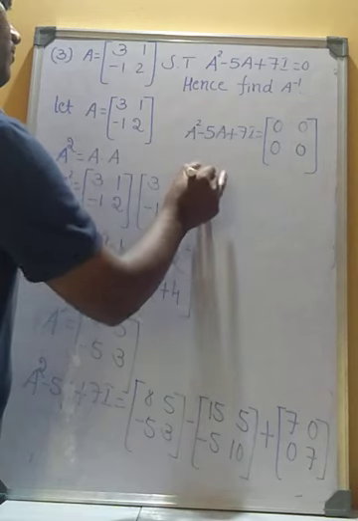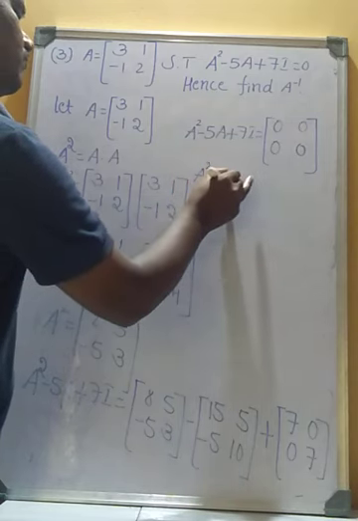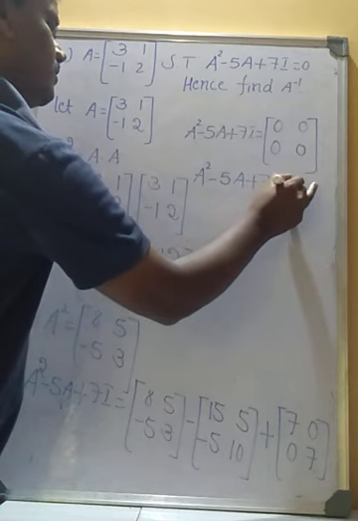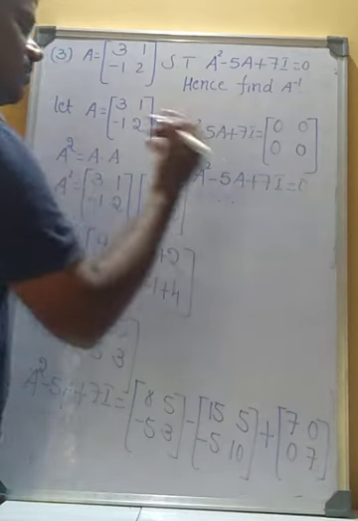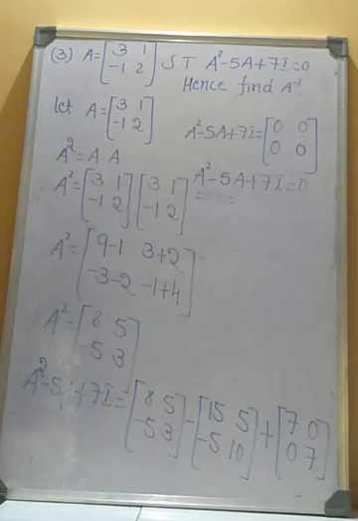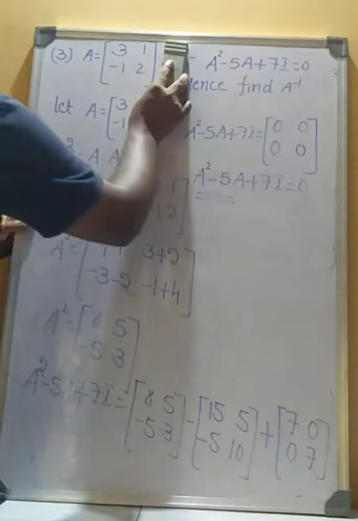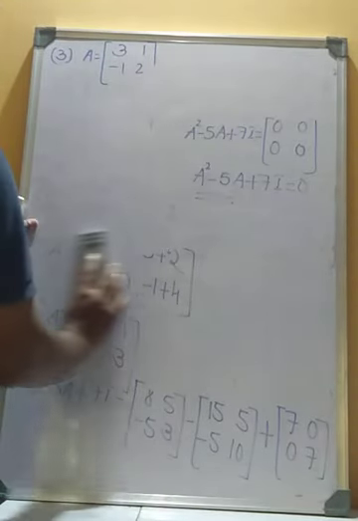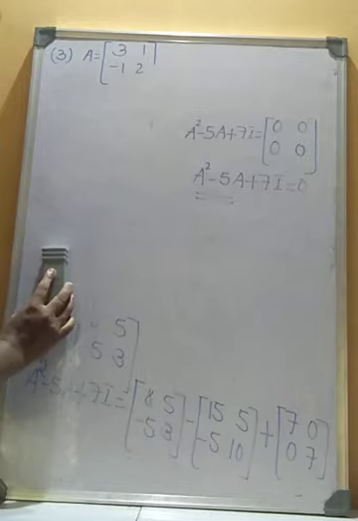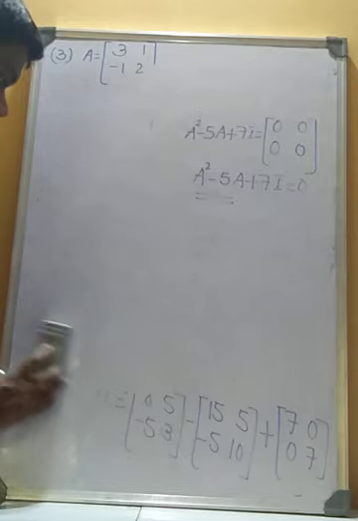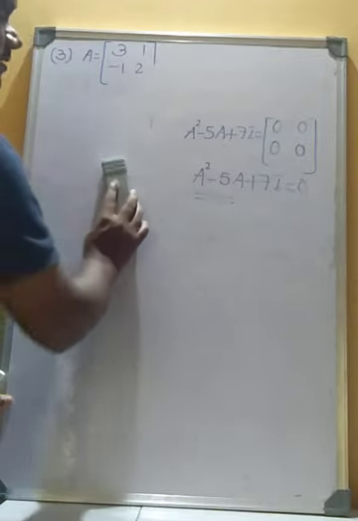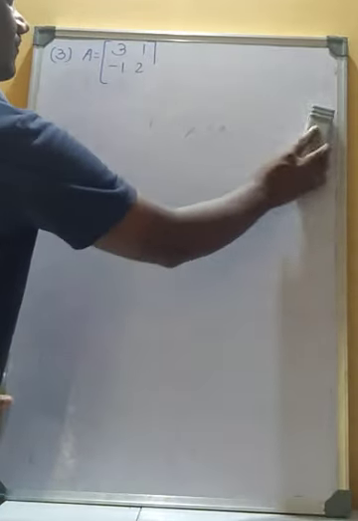So therefore A square minus 5A plus 7I equal to 0. Hence it is proved. And hence find A inverse.